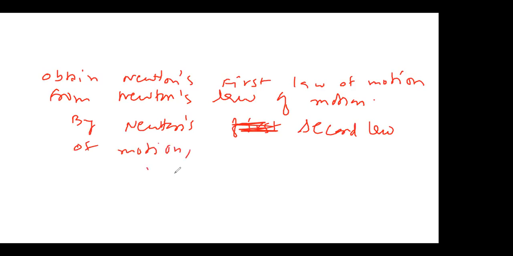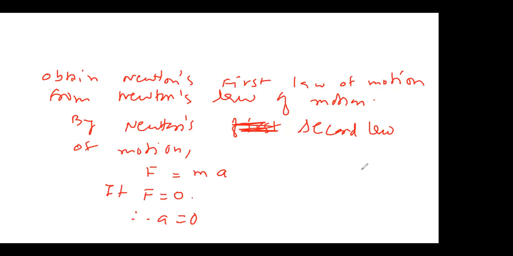F equals ma. So if F is not acting, F is 0. Now we know mass cannot be 0. Therefore, a equals 0. This means that when we don't apply any force on the body, acceleration will also be 0.